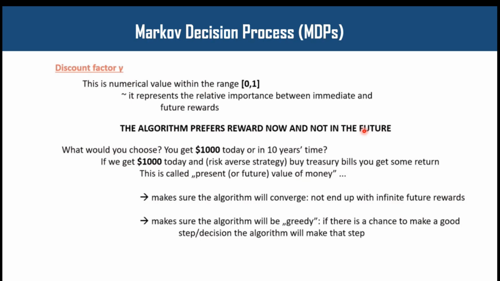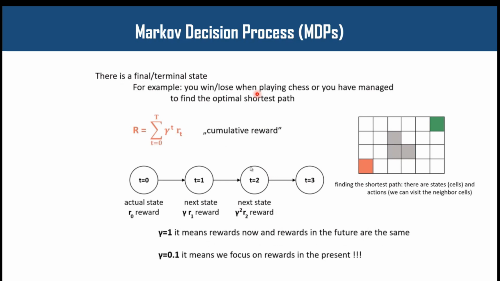It will not wait to get the reward at the end. That will be determined by the discount factor, or gamma. The value will be between 0 and 1. Keep all this in mind while we discuss the working of the algorithm. We will understand all these concepts better.